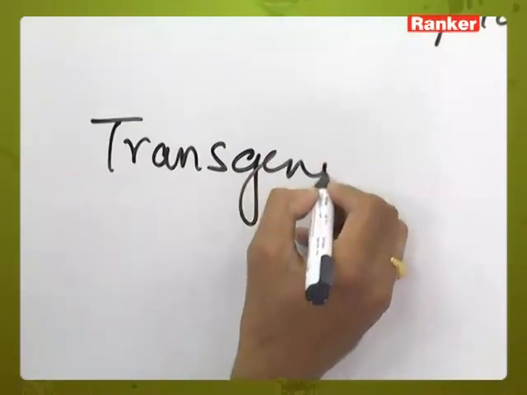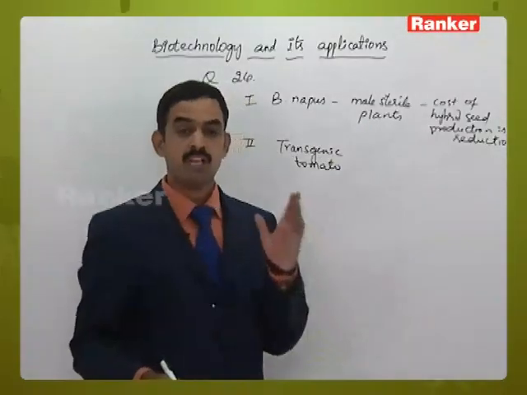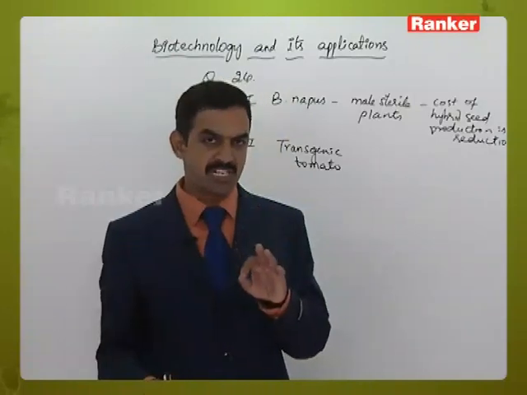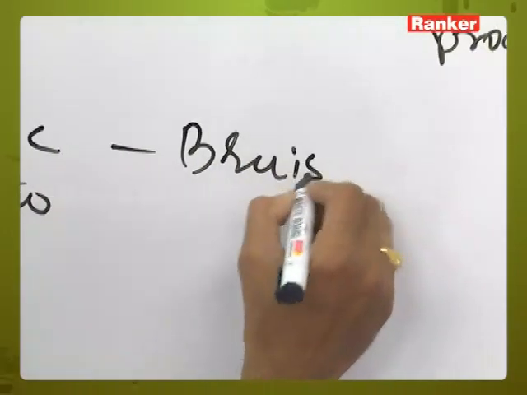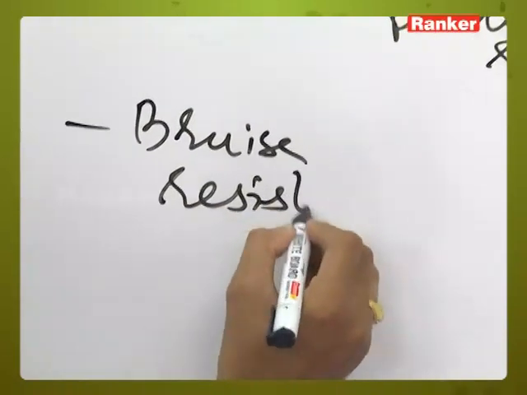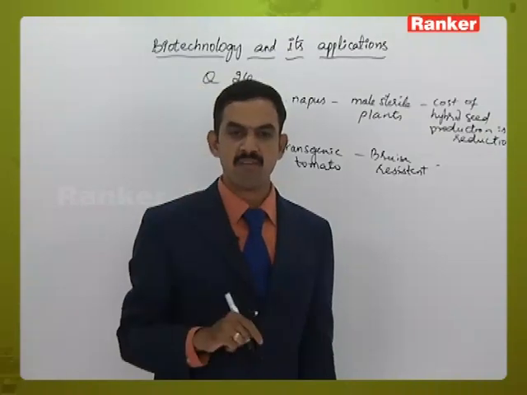Transgenic tomato is one which has the bruise resistant property, that is the flavr savr variety.